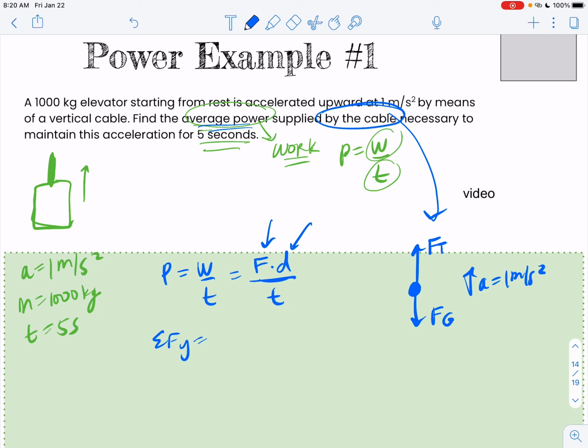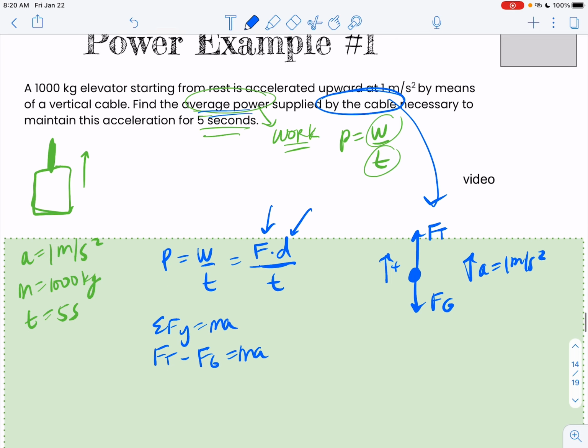So if I sum my forces in the Y, and I'll say up is positive, I have FT minus FG equals MA.